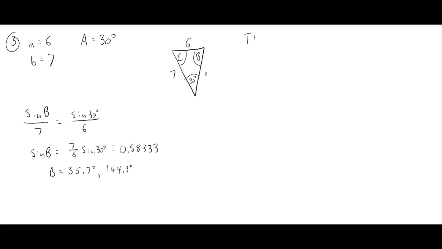let's call it T1, triangle 1, has, let's say for this one, B equals 35.7 degrees.